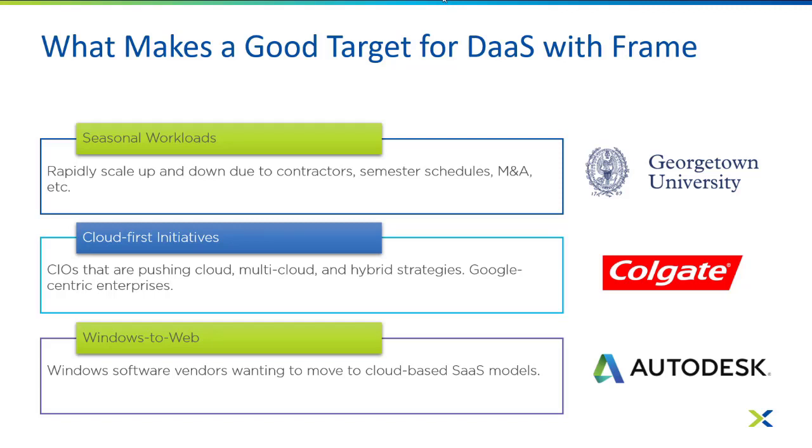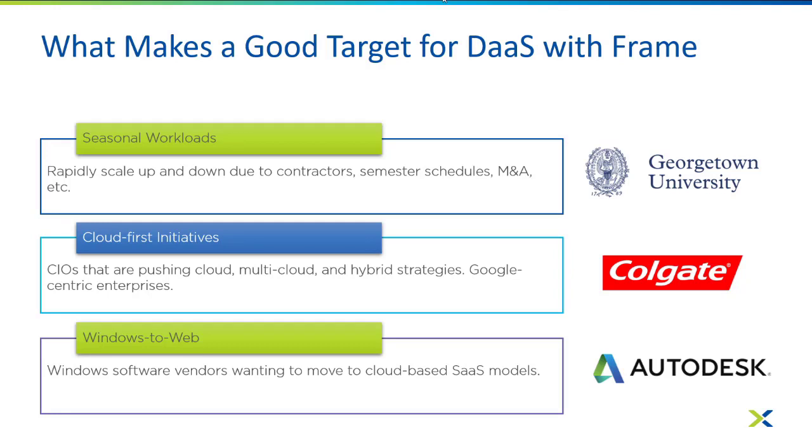You don't really know how much resources you need for those students until those students start to work. So the ability with Frame to be able to rapidly scale up and rapidly scale down due to contractors, due to schedules, mergers and acquisitions, for example, again, is an ideal target for Frame or desktop as a service.